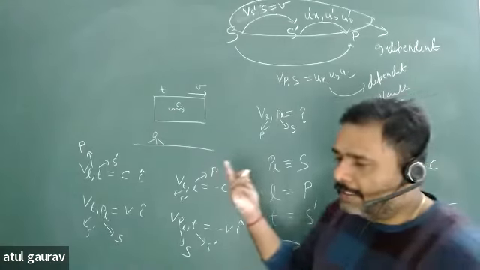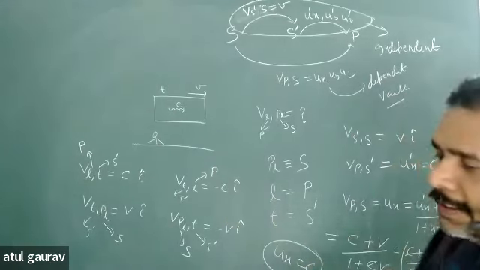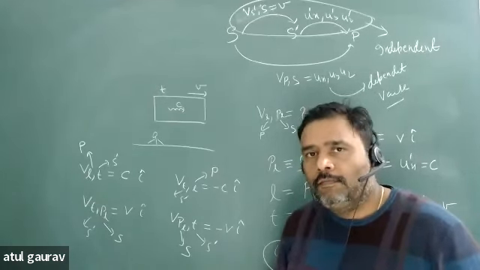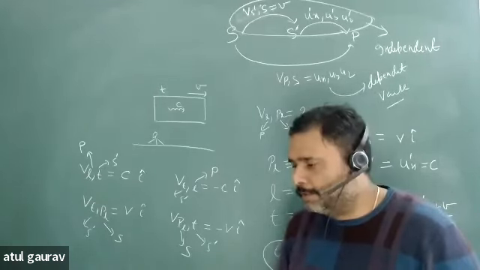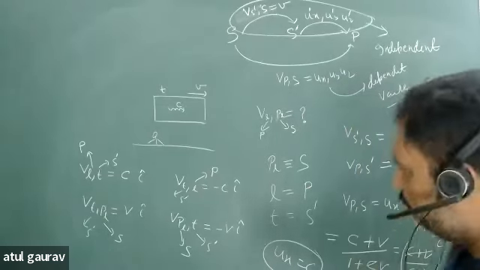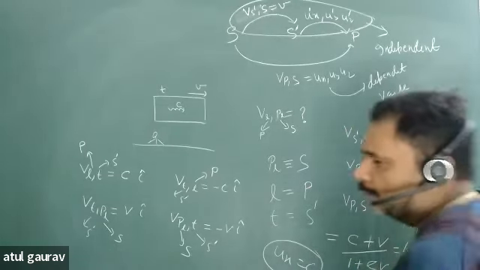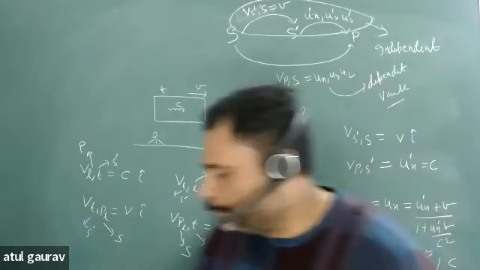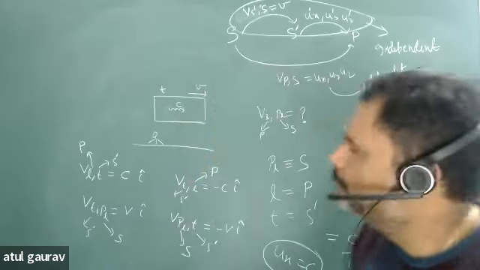कल सेम प्रॉब्लम किया था लॉरेंस ट्रांसफॉर्मेशन से, आज सेम प्रॉब्लम को कैसे कर रहे हैं? By using the relative speed, and this is a really very efficient formula that you can easily calculate this type of thing. Everyone is comfortable right now?